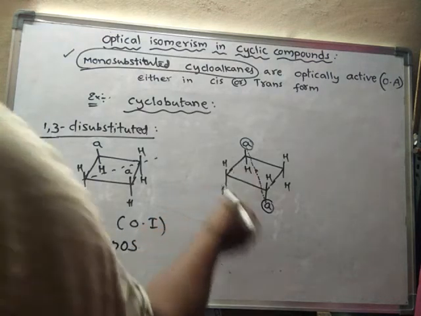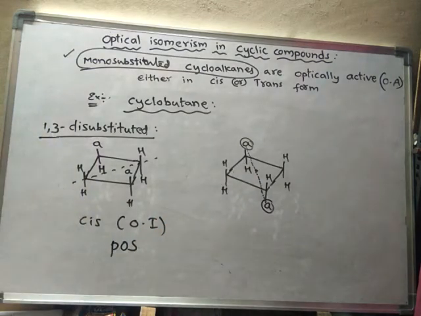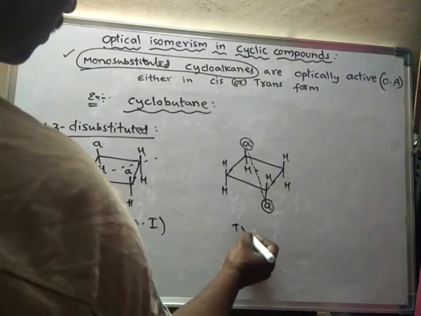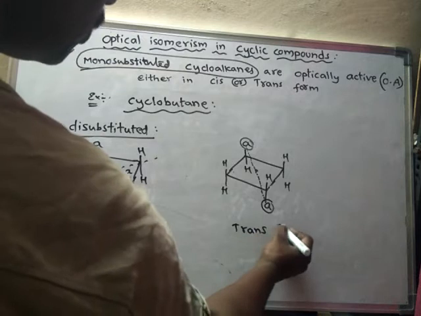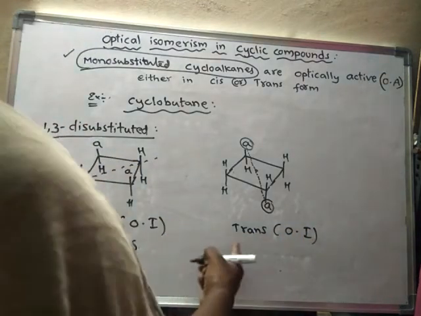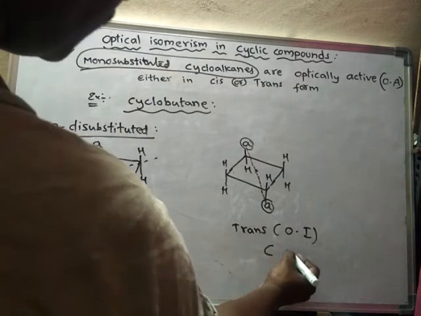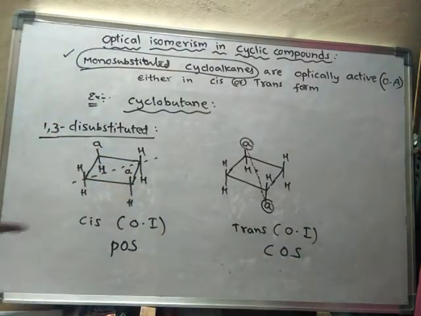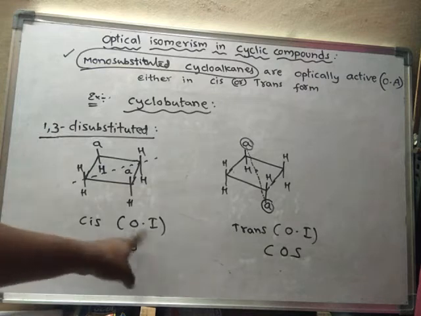Hence, this molecule has a center of symmetry. As it has a center of symmetry, the trans form is also optically inactive. The trans form is optically inactive due to center of symmetry. The cis form is optically inactive due to plane of symmetry.